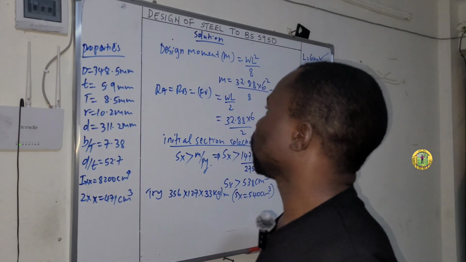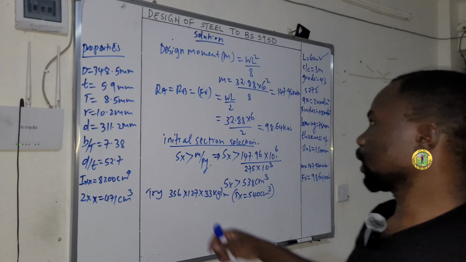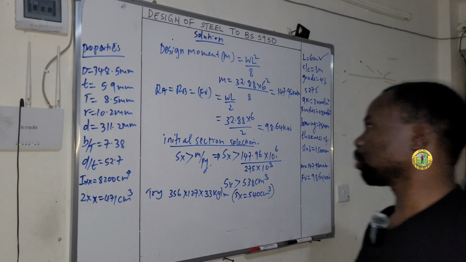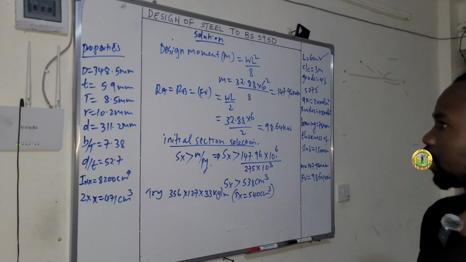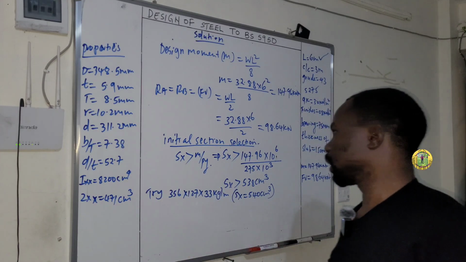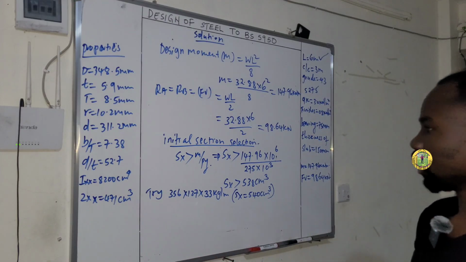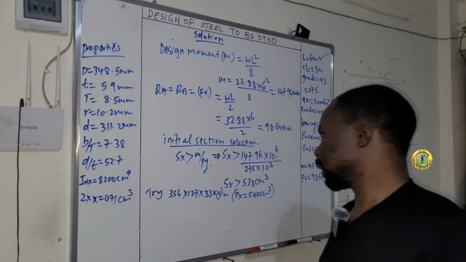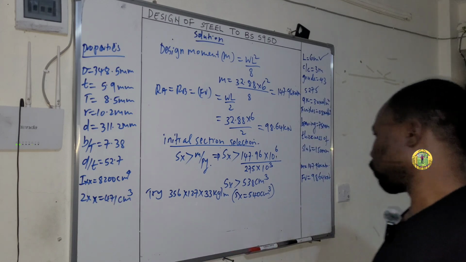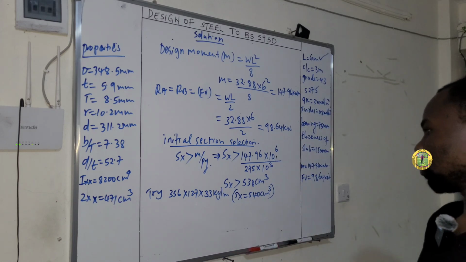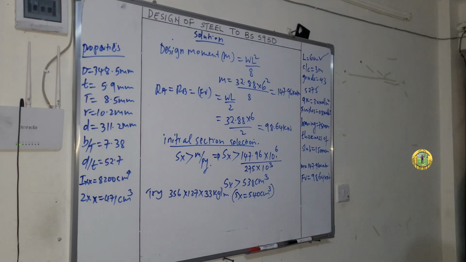D is 348.5 millimeter, small t is 5.9 millimeter, capital T is 8.5 millimeter, root radius is 10.2 millimeter, small d is 311.2 millimeter, B over capital T is 7.38, d over small t is 52.7, IXX is 8200 centimeter to the power 4, and then ZXX is 471 centimeter cubic.